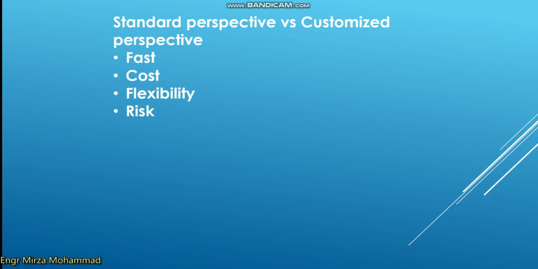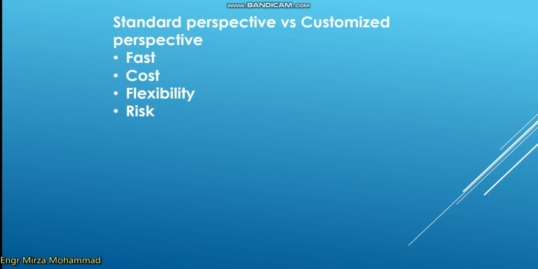But in case of the customized approach, we get the freedom to customize it and change it according to the need of the project. So we can say that flexibility is seen more in case of the customized perspective than in the standardized perspective.